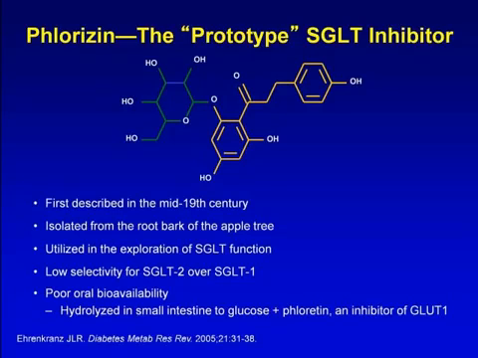Though it has some problems, it has low selectivity for SGLT2, which is the one we are most concerned about, over SGLT1, and therefore it would have GI side effects. The other problem is that it has poor bioavailability, because it's hydrolyzed in the intestine. That's why it's a good model to test cells, but not a good model to be used as a drug in a human.